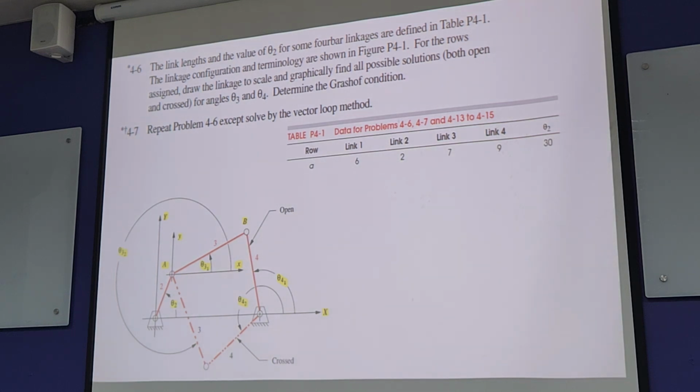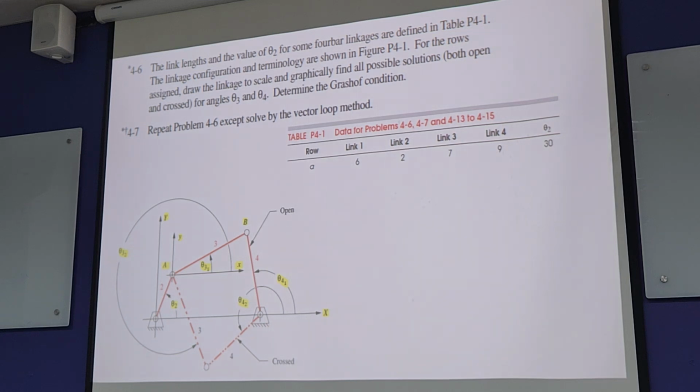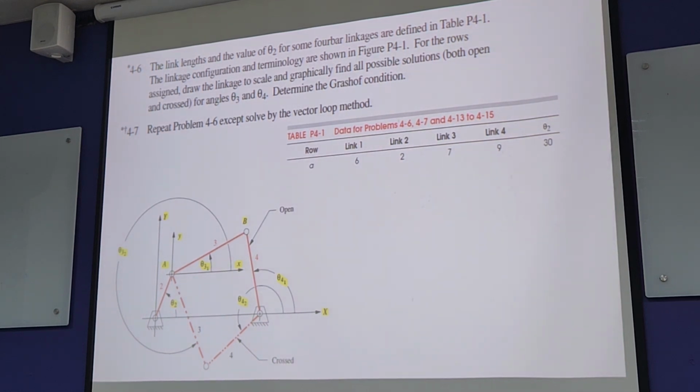Then measure the 9 units for link 4, from point 4 draw the semicircle with 9 units. Yeah, same.